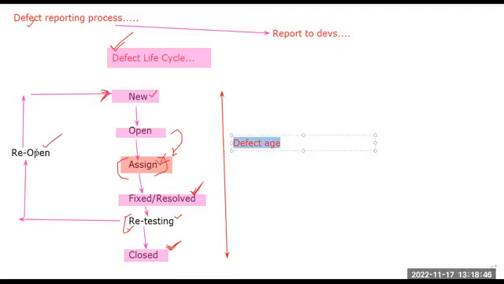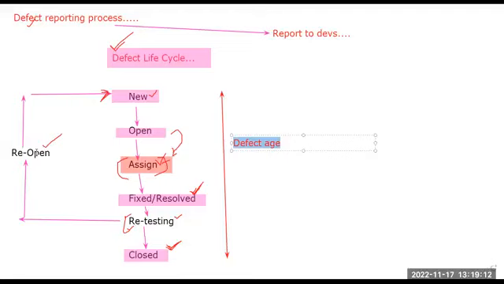As soon as the defect is resolved, it's our responsibility as QA to perform the retesting. While retesting, we check whether the defect is fixed or not. If the defect is fixed, then we can close it out. If the defect is still there, then we have to reopen it and assign it back to the developer. Likewise, you can explain this defect lifecycle.